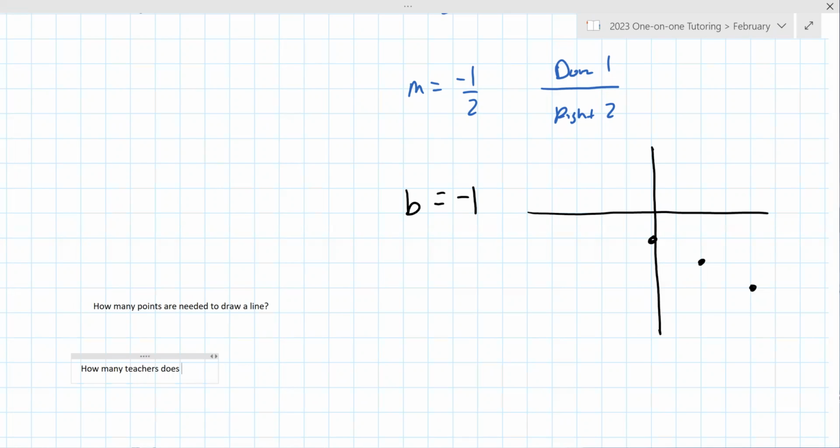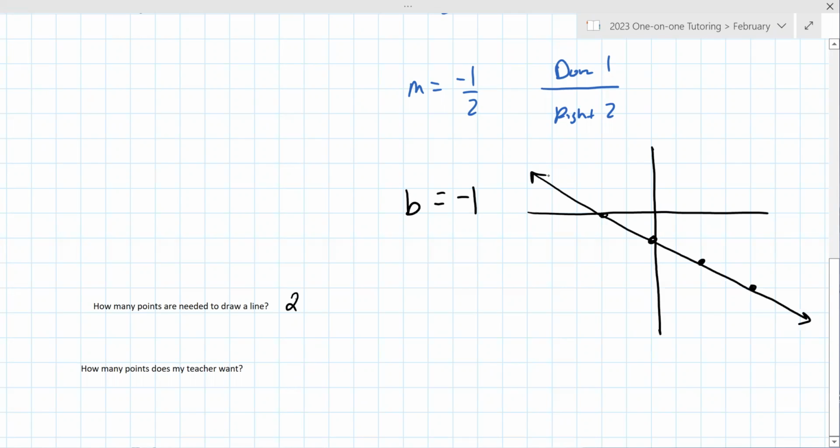So the answer is that you only need 2 points to draw a line, but the follow-up to that, you actually answered: how many points does my teacher want? That could be different, but I think you just answered it. It's 2. So you can actually do this with 2 points.